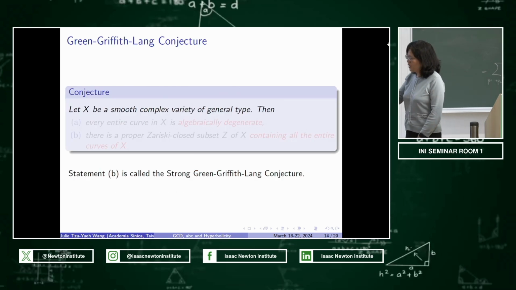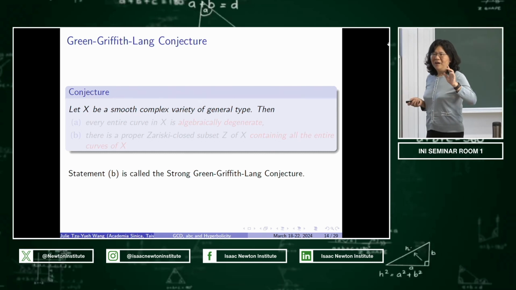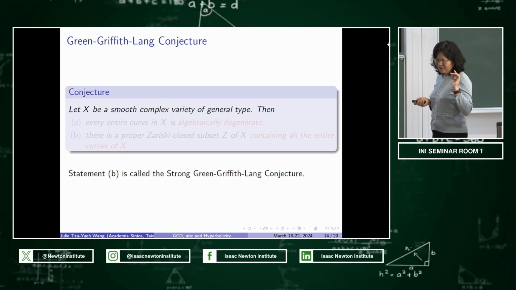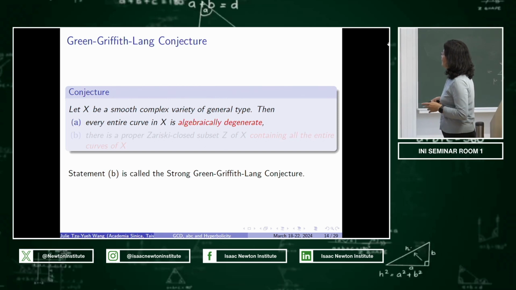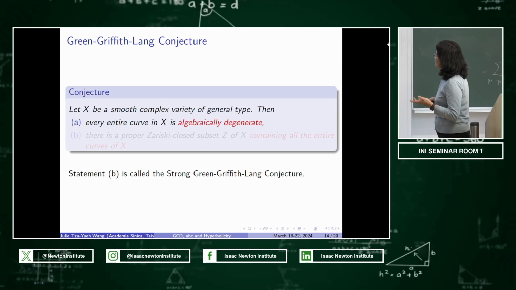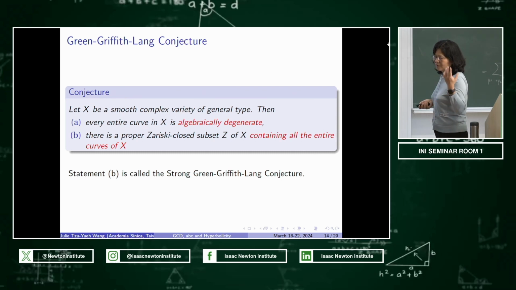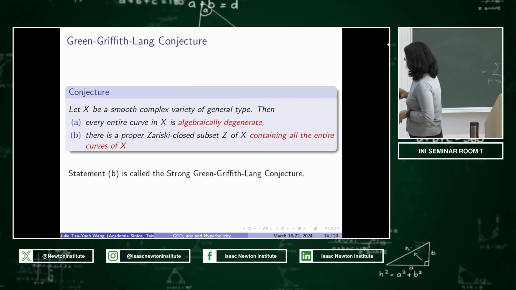So let me recall the Green-Griffiths-Lang conjecture. I'll not follow the previous definition; I follow Noguchi and Winkelmann's book. So the conjecture is: if you have a smooth projective variety of general type, then the first conjecture is that every entire curve is algebraically degenerate. And then the second one is the one you saw before: you can find a proper Zariski closed set containing all the entire curves.